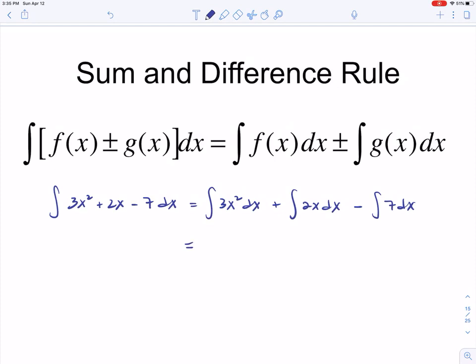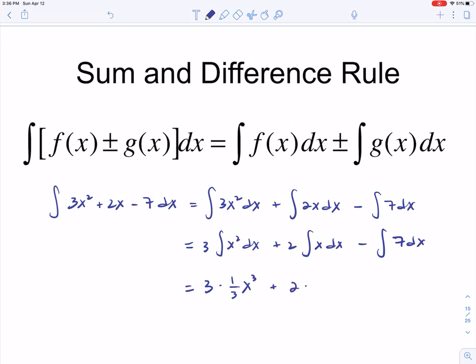So that integral can be rewritten like that, where then we just think about integrating each piece. And I could also think about pulling the constants out. This step does not need to be shown, but if you want to write it down at least in the beginning, that's fine.